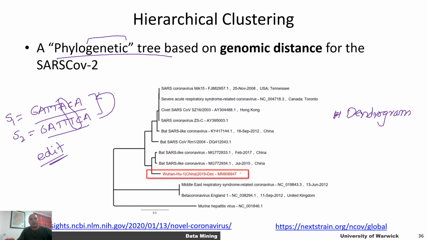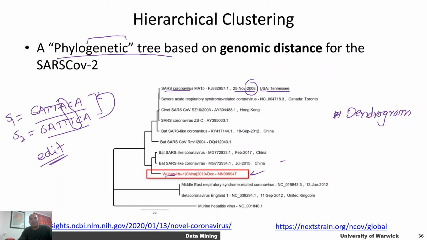So let's say we got an isolate from Wuhan, where the virus originated. You can compare it to other viruses that have been isolated within that region and at other places. So, for example, there was a virus that was determined in, let's say, the USA, in Tennessee, on 25th of November 2008, in a person, sorry.